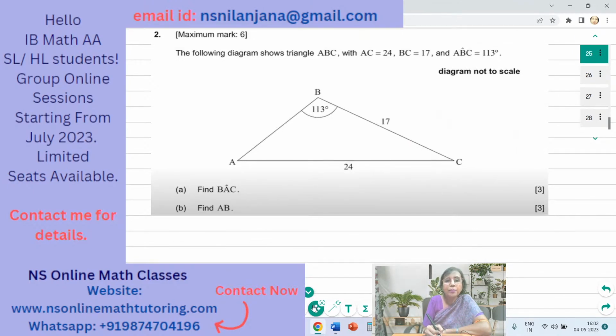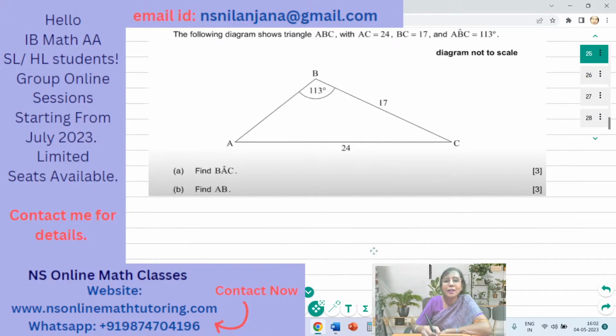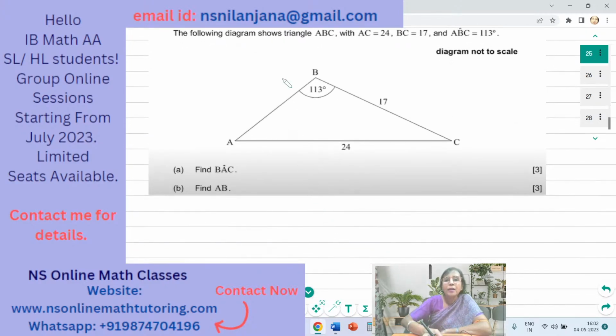Now coming to question number 2. Question number 2, maximum mark 6. The following diagram shows the triangle ABC. It contains two subparts. ABC is a triangle with AC equal to 24, BC equal to 17, and angle ABC is 113 degrees.